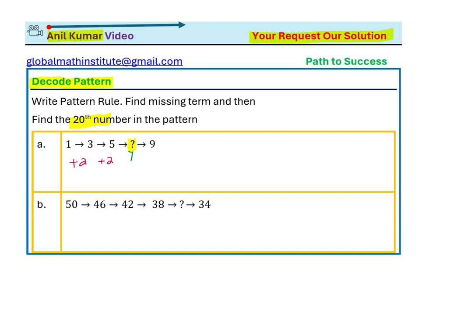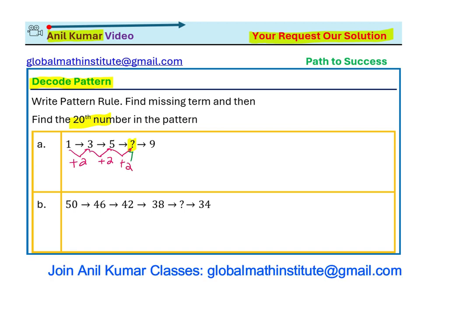So as you add 2, you move from the first number to the second, correct? And therefore, when you add 2 to 5, you get 7, and you have your rule. So basically, we would write this as: start at 1, add 2 each time. Perfect. But that does not really help us to find the 20th term.